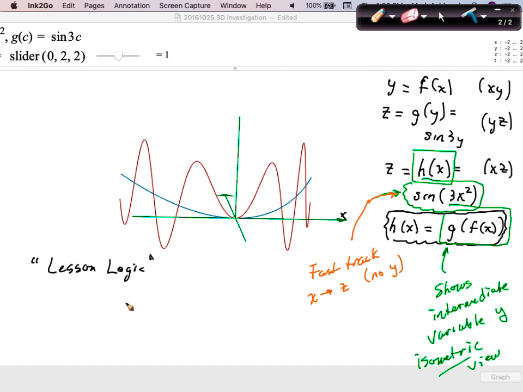A lesson plan is more about the details of what you're going to do in class. A lesson logic is less about those details and more about your reasoning for your progression of activity. So the reasoning for the activities that you choose. So what's the logic behind the way you're structuring the lesson, right?